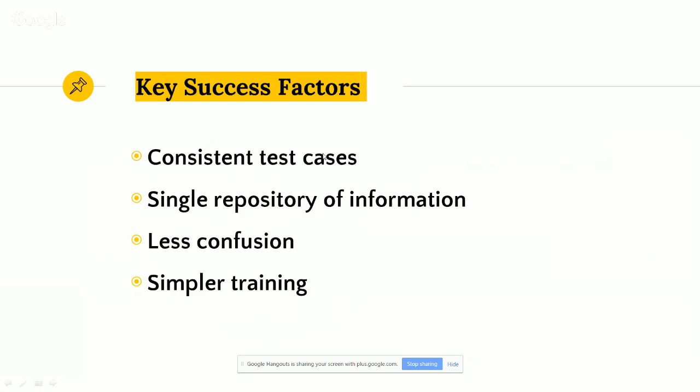Testers will not have to search for where to find information or who knows about it. Less confusion, no duplicated steps, no misinformation. We need to get everybody on the same page. And finally, simpler training. A single repository of information means easier training for new members. It also ensures the information they learn is correct and accurate.